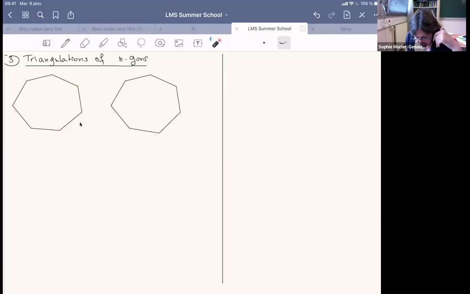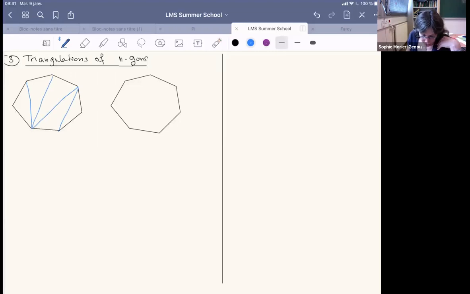And a triangulation of a polygon is to draw diagonals. So what is a diagonal? A diagonal is a segment joining 2 vertices which is not a side. So the diagonal joins the vertices that are not consecutive.